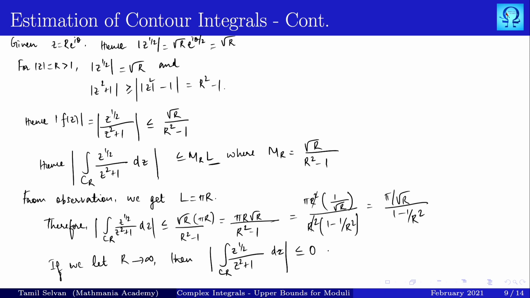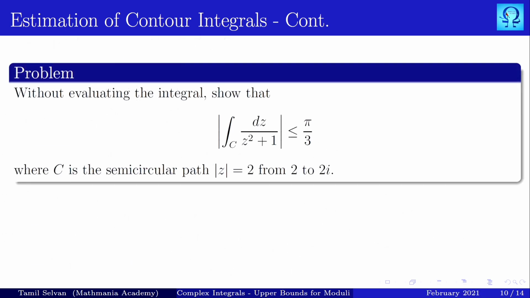So this is smaller than or equal to 0. This forces that the integral over CR of z to the power half upon z squared plus 1 is 0, as r approaches infinity.